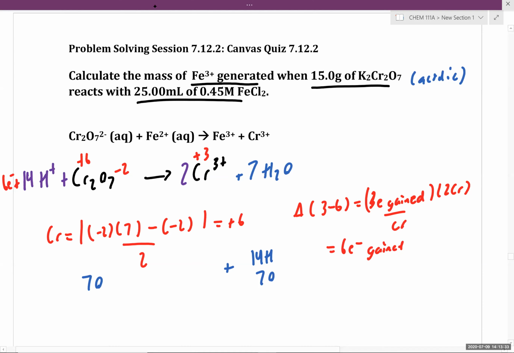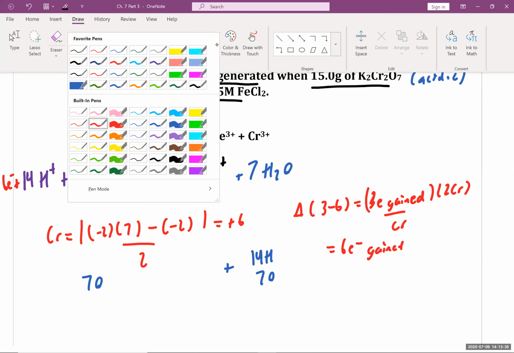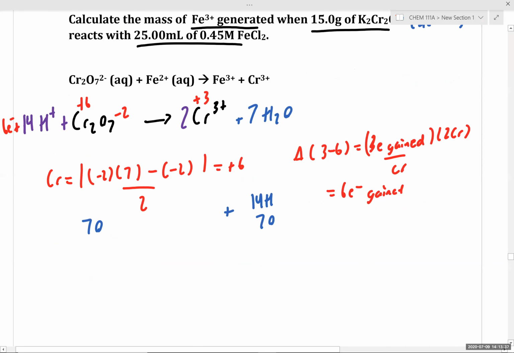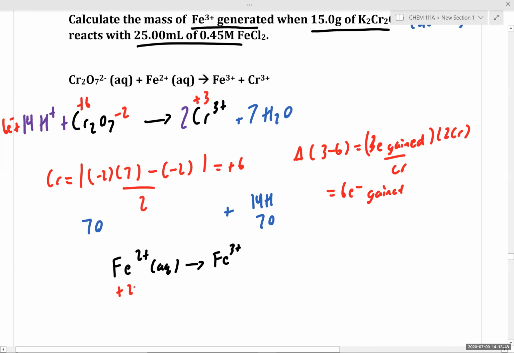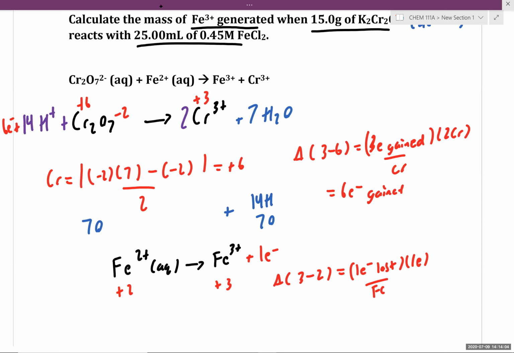Okay, so let's now continue on with this equation and look at iron. Iron's the easy one. We go from Fe2+ to Fe3+. In other words, we went from +2 to +3. Our difference is 3 minus 2, which gives us 1 electron lost per iron times 1 iron. So that gives us 1 electron lost.